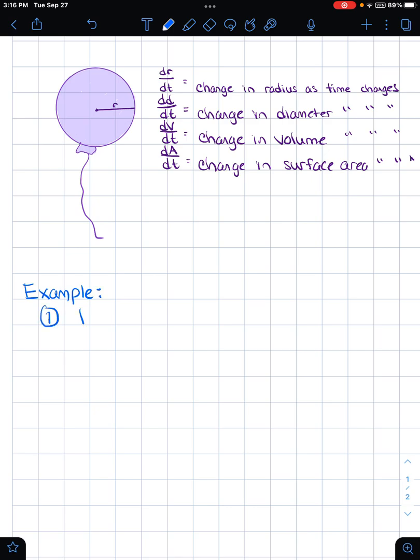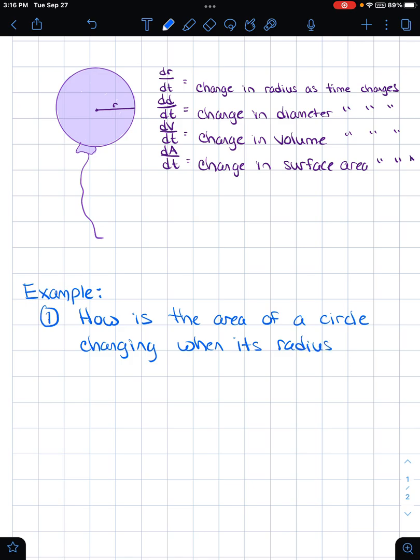The first one is, how is the area of a circle changing when its radius, I should have had these written out before, sorry, when its radius, I will in the next video, is changing at a rate of 2 millimeters per second when the radius is 5 millimeters.